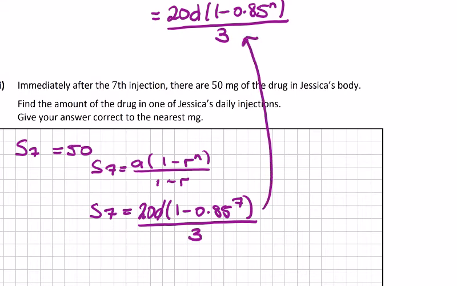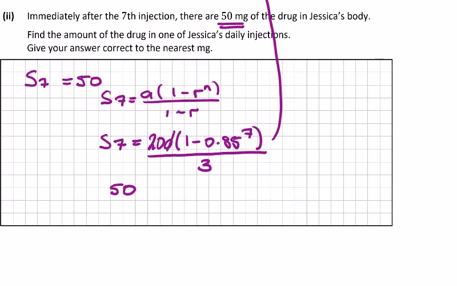So typing this into a calculator, we know S7, we're told it's 50. Should have laid this out a bit better. So 50 will be this guy, just so I can cross multiply in one stage here. So I'm going to multiply the 3 by 50. And then I'm going to divide by 20. So it's 150 over 20, 7.5.